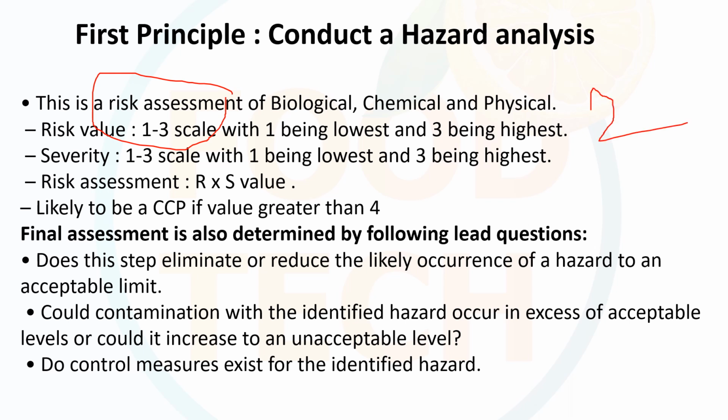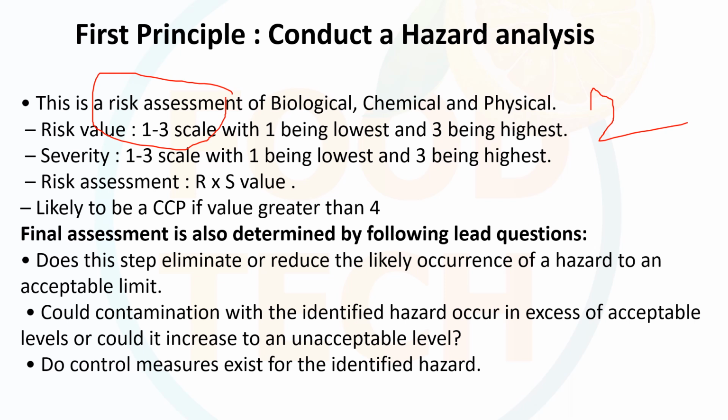Severity is how severe the effects of that risk will be, and it is also given a value on the scale of 1 to 3. The risk assessment is the product of risk and severity.